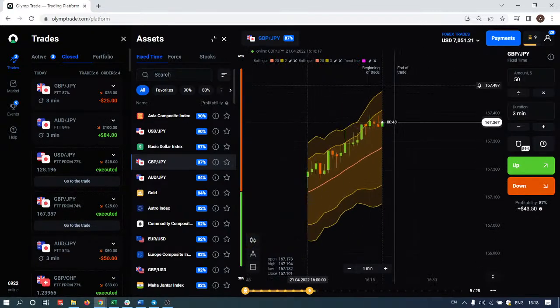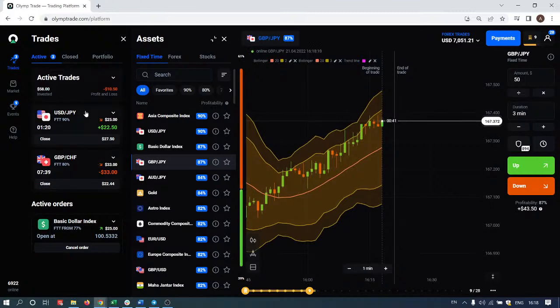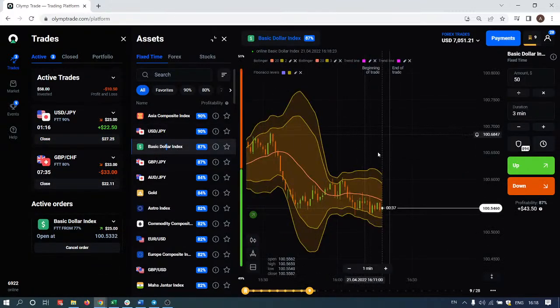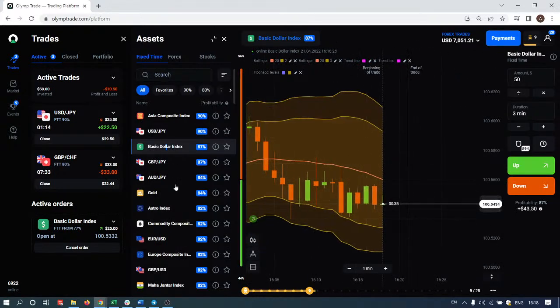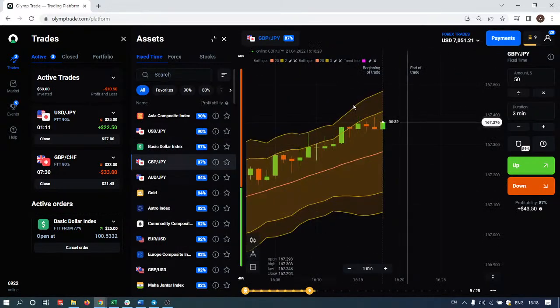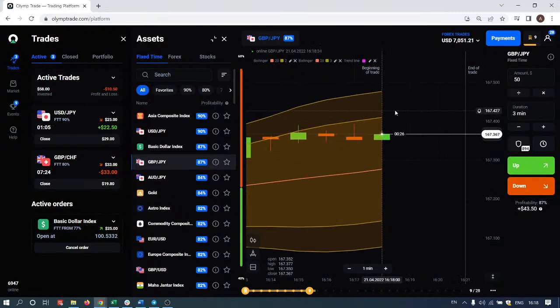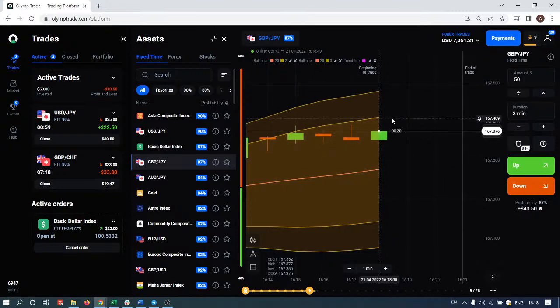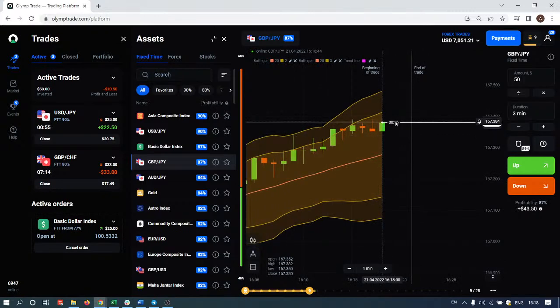So AUD JPY. One little thing I have to tell you guys is that when you trade FTT mode of trading with 1 minute time frame and duration of say 1 minute or 3 minutes, a lot depends on the momentum, right? So you can enter a trade right now, or if you enter it say 2-3 seconds after, then the price is different.